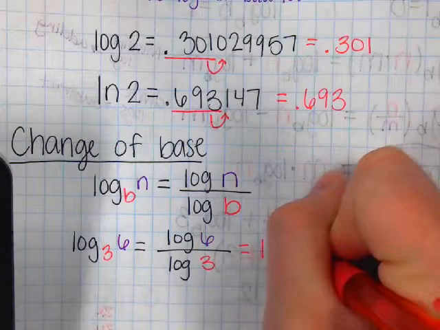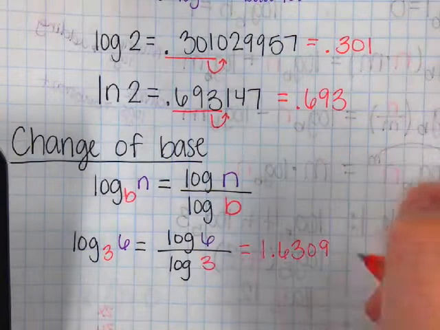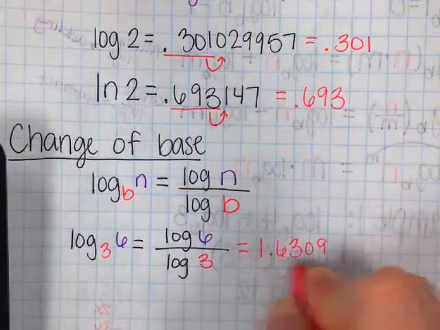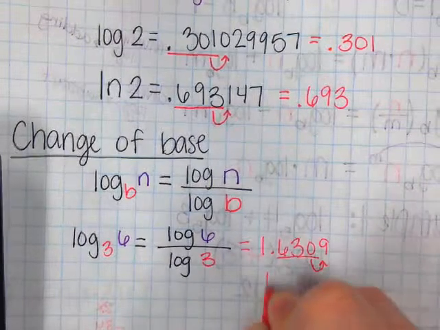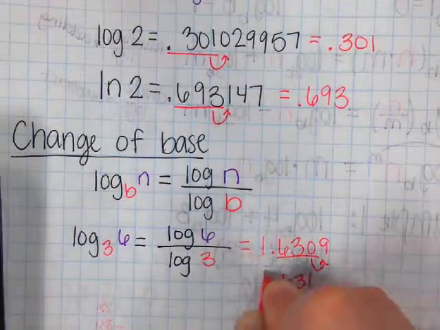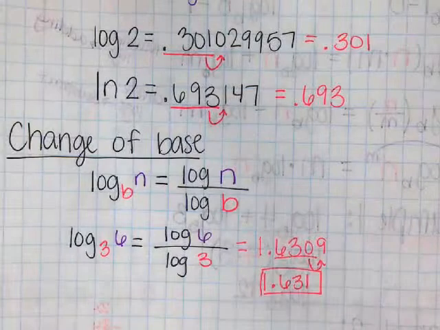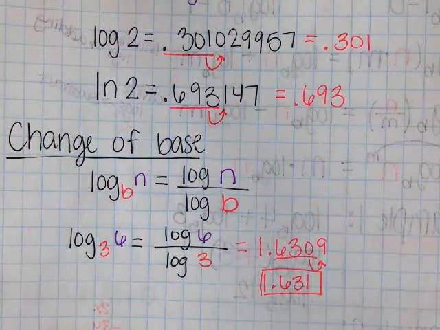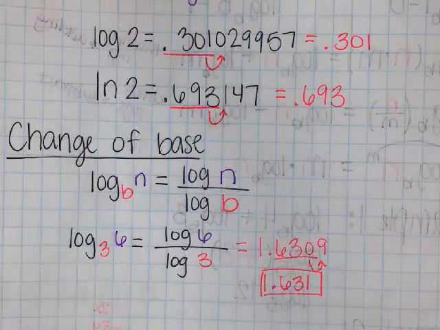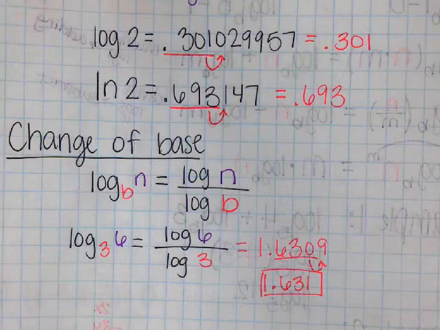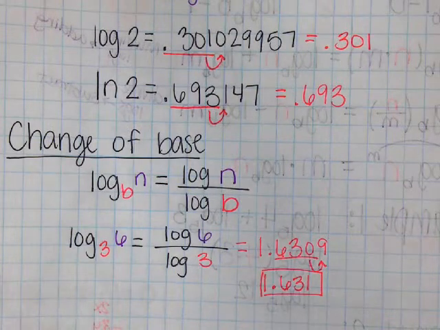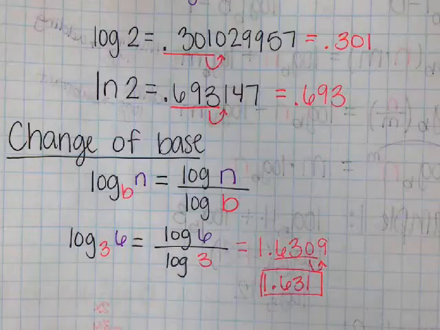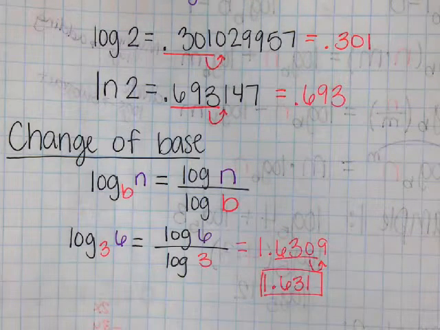So it equals 1.6309, which would be 1.631. Okay, so that's how you change the base. Natural log is a log with a base e.